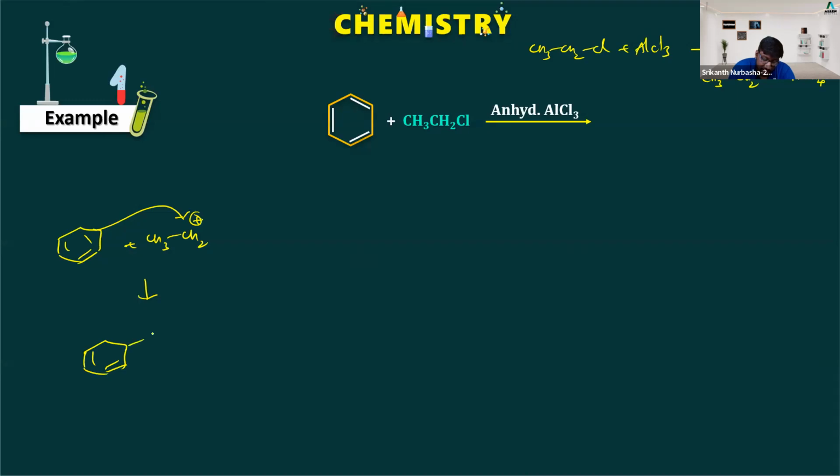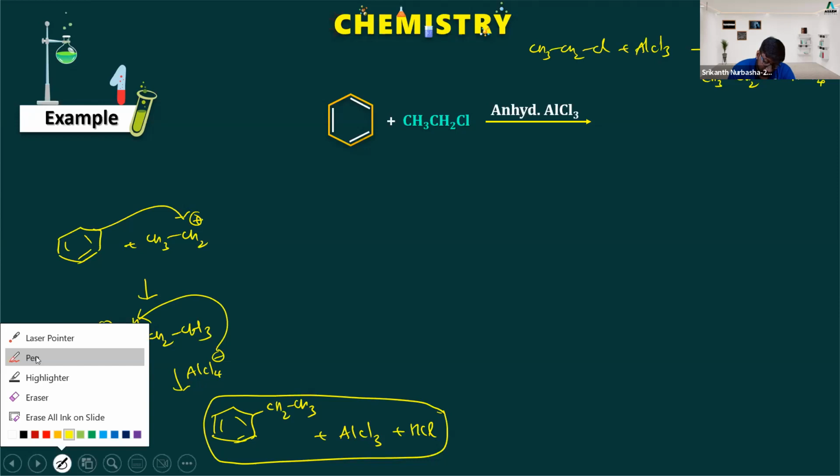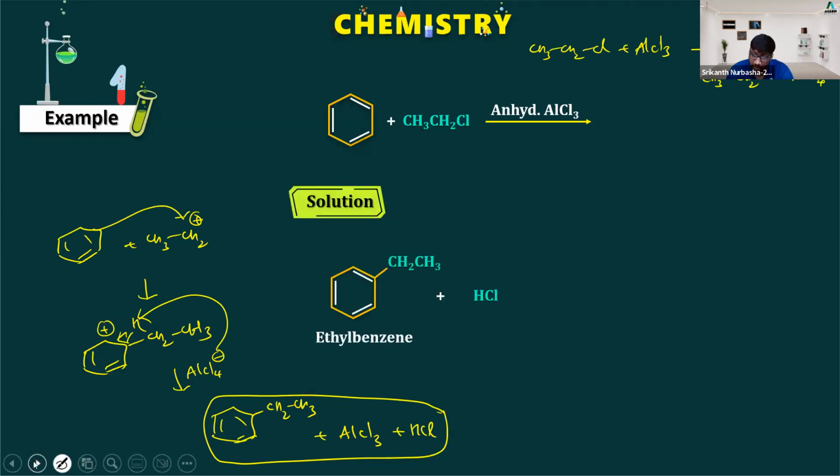So as soon as it attacks, you get CH2CH3 and a positive charge on this position. Now AlCl4 minus will try to pick up this proton. The CH electron density comes in, you get CH2CH3 plus AlCl3 plus HCl. So that is the major product, ethyl benzene, and HCl is obtained, and AlCl3 is regained, which will react with the next molecule.